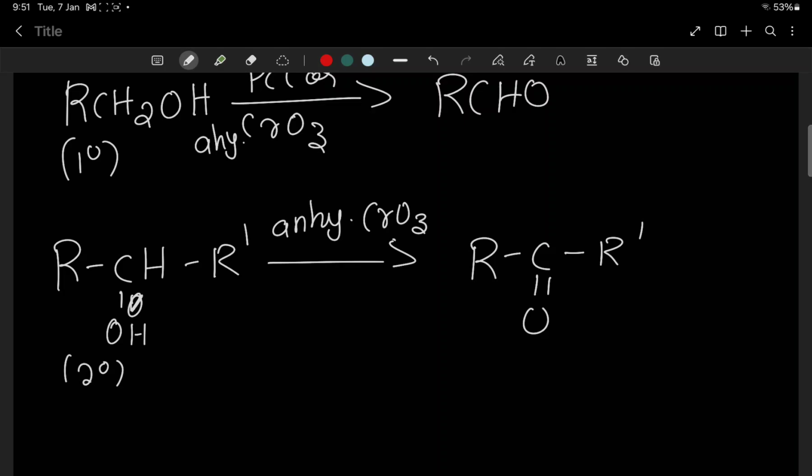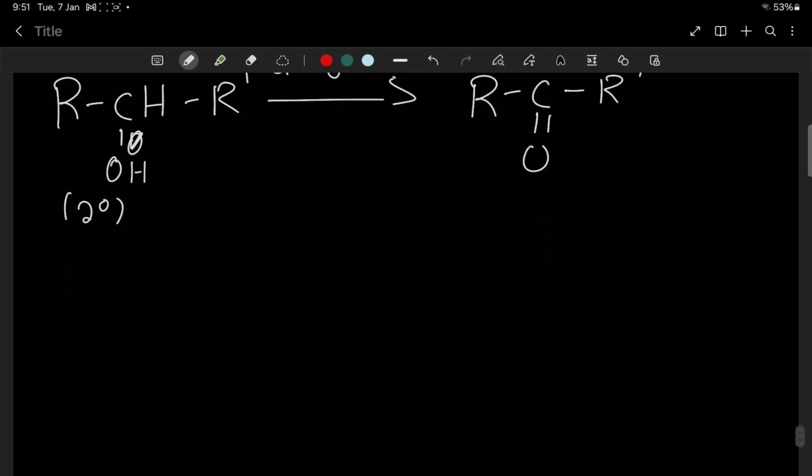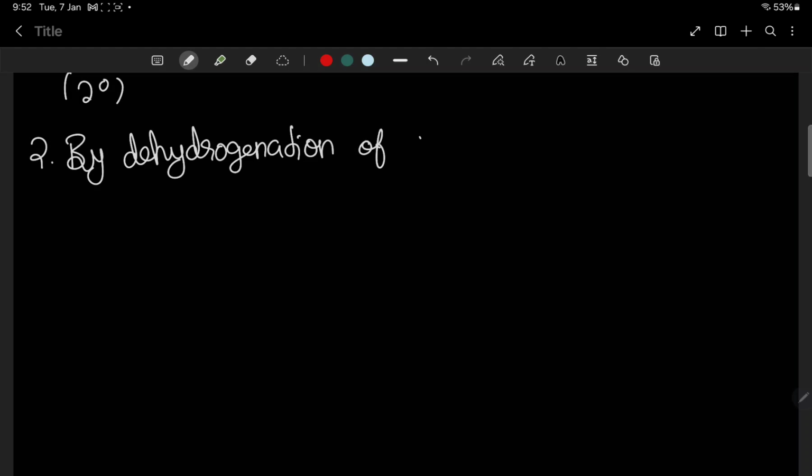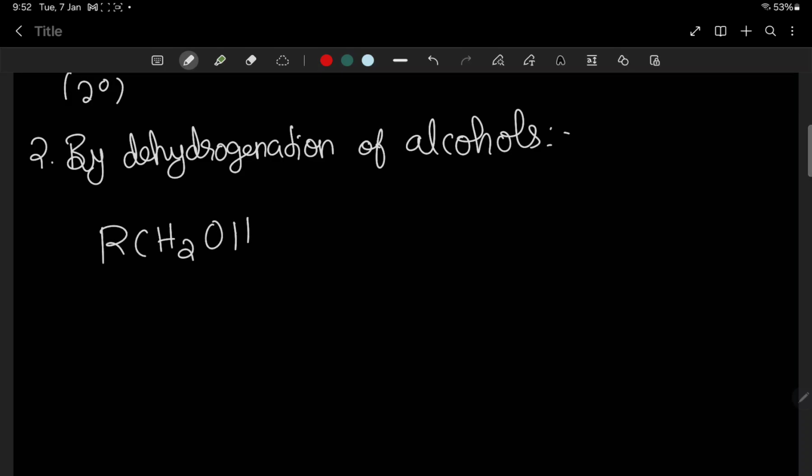Now the second method is by dehydrogenation of alcohols. This reaction is also there in the alcohols chapter. RCH2OH on the surface of metal, that is copper, at a very high temperature of 573 Kelvin, we get RCHO.